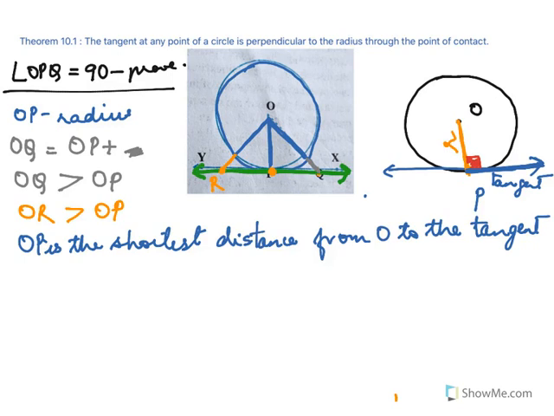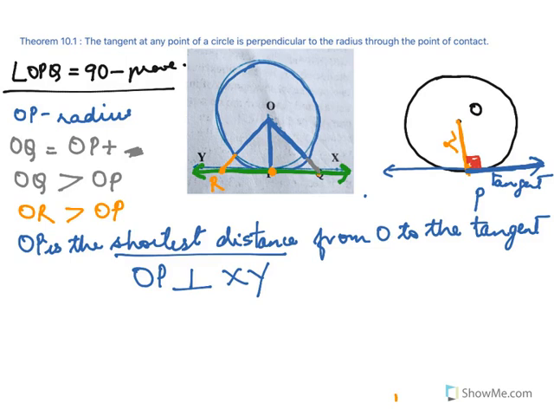from O to the tangent, and the shortest distance is always the perpendicular. So I can say OP is perpendicular to XY. I repeat again that by definition the shortest distance is always the perpendicular. In the Khan Academy, there is a video showing this proof, so I will not repeat it. It's very clearly given there.